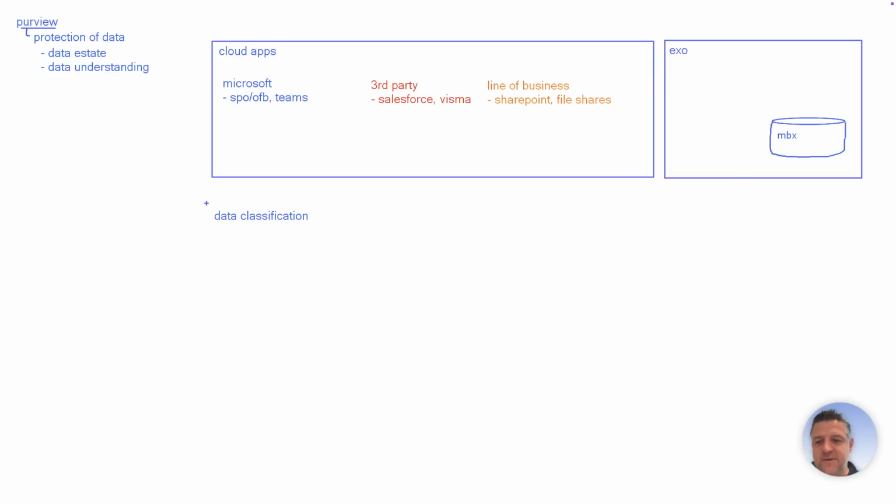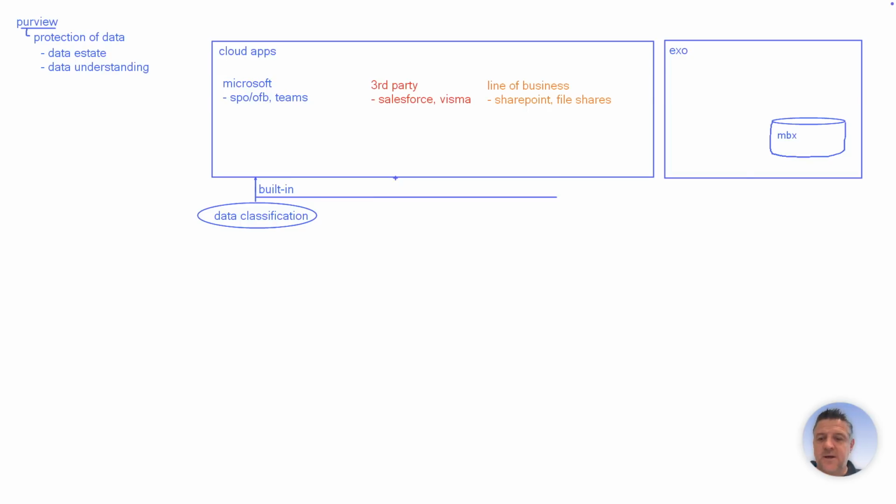First of all, the data classification component in Purview needs to be able to communicate with the data that we want to classify. So, for example, when it comes to the Microsoft locations, this is just a built-in functionality.